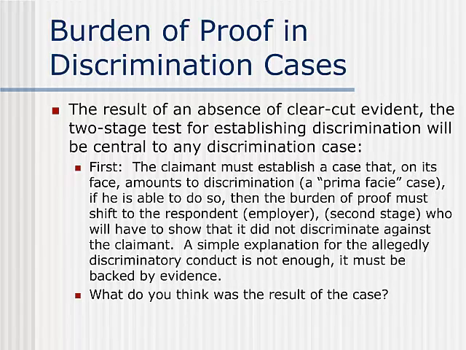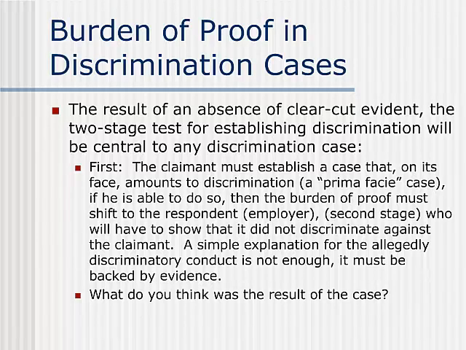The second stage, who will then have to show that it did not discriminate against the claimant or the employee. A simple explanation for the allegedly discriminatory conduct is hardly enough. It must be backed by evidence. What do you think the result of the case was? There's a number of different ways to look at it.